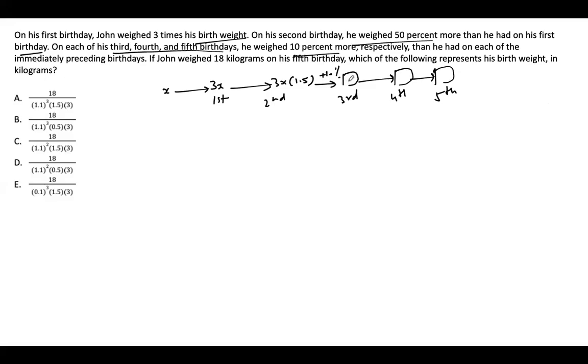So here what will come? 3X into 1.5 into 1.1 into 1.1 square. How many times 1.1? 3 times, so 1.1 cube. This is equal to 18 on the fifth birthday.